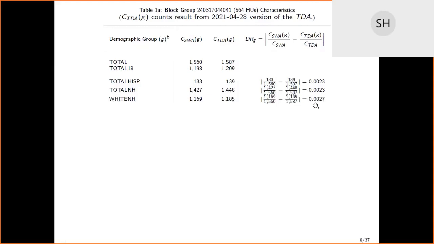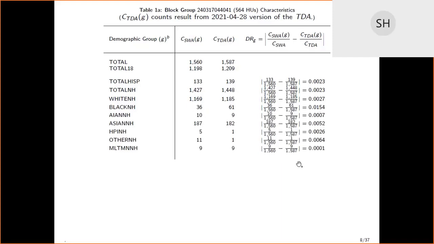This measure, 0.0027. Black non-Hispanic, 36 from swapping, 2010, 61 from the top-down algorithm. The difference of ratios, 0.0154. And we complete that for the rest of the demographic groups on my block.